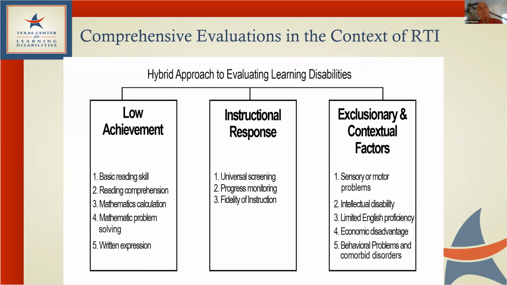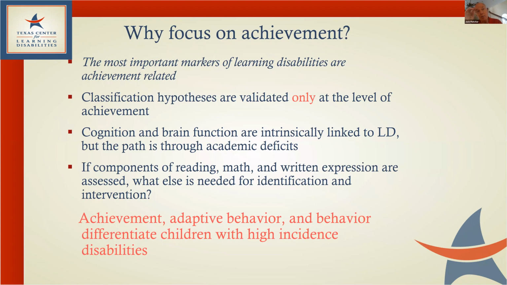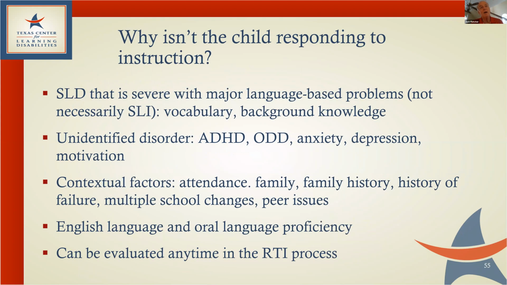So these are the blocks. I don't have time to go through the rest of the PowerPoint. If my understanding is correct, I'm about out of time. But what I've done is I've given you assessment guidelines, such as the questions to ask: why isn't the child responding to instruction?